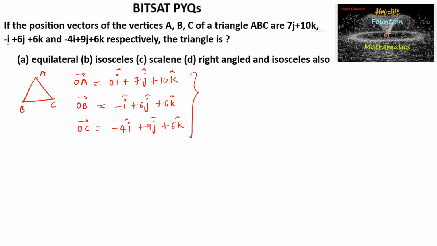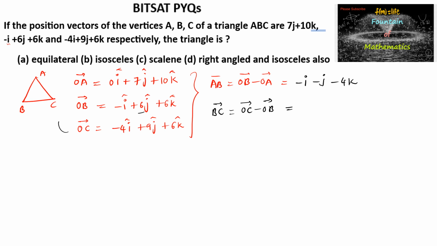So let us find the lengths of the sides. Side vector AB is equal to OB minus OA, which is equal to minus 1 minus 0, that is minus i, 6 minus 7, that is minus j, and 6 minus 10, that is minus 4k. And BC vector we can write as OC minus OB.